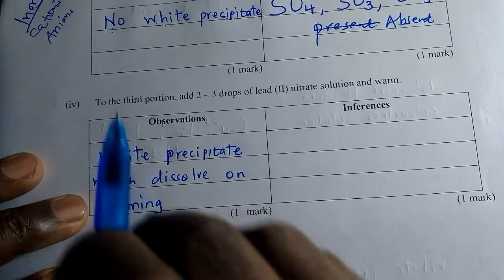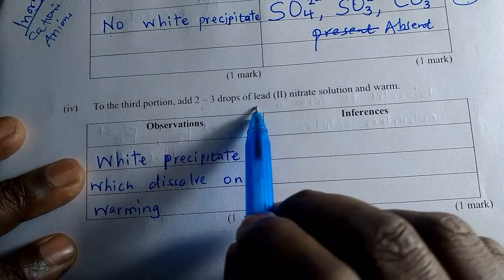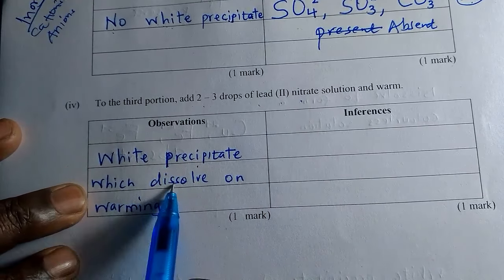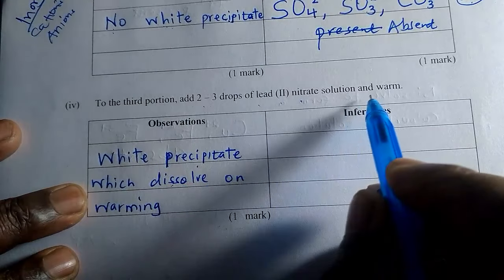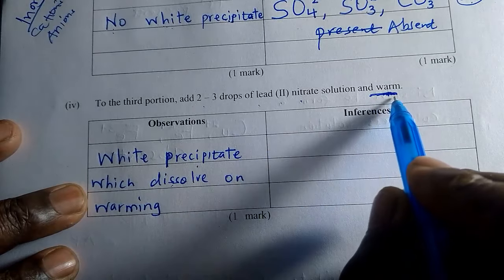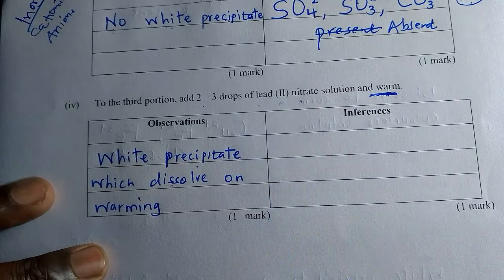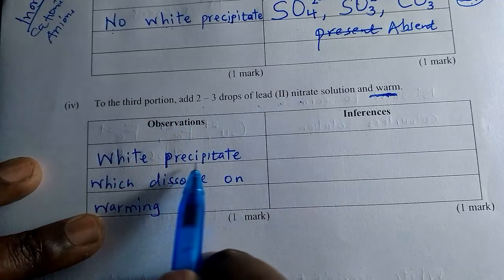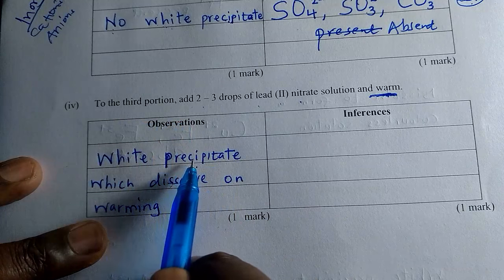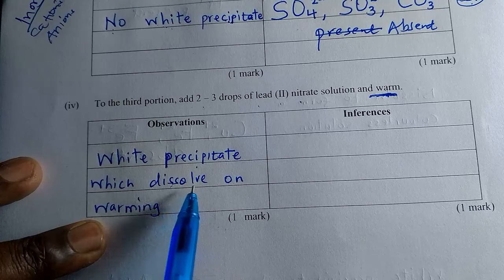To the fourth portion, add 2 to 3 drops of lead nitrate. A white precipitate is formed, and we are told to warm. So you need to include in your observation what happened when you warmed, right? A white precipitate is formed which dissolves on warming. This white precipitate, when warmed, dissolved to form a colorless solution.